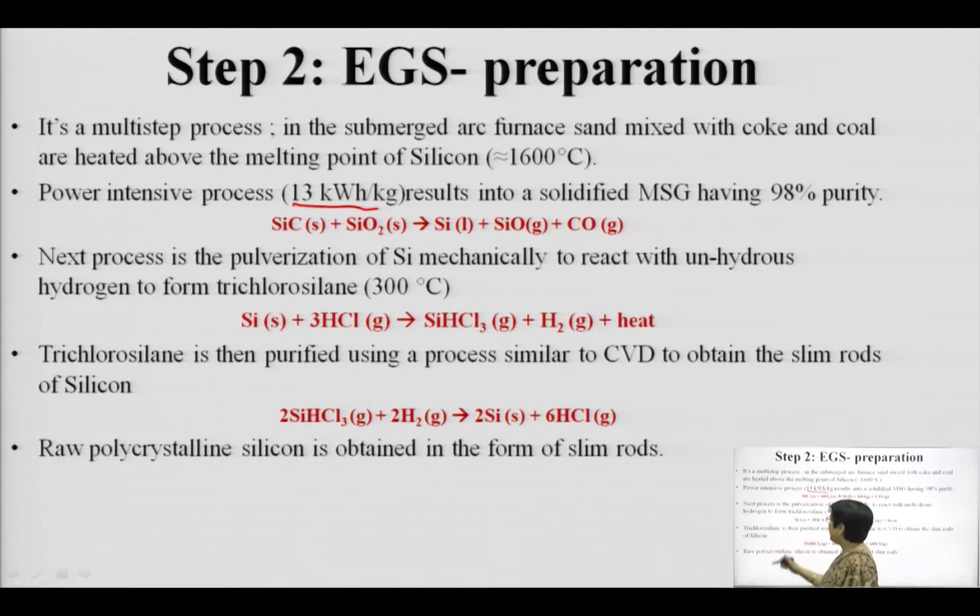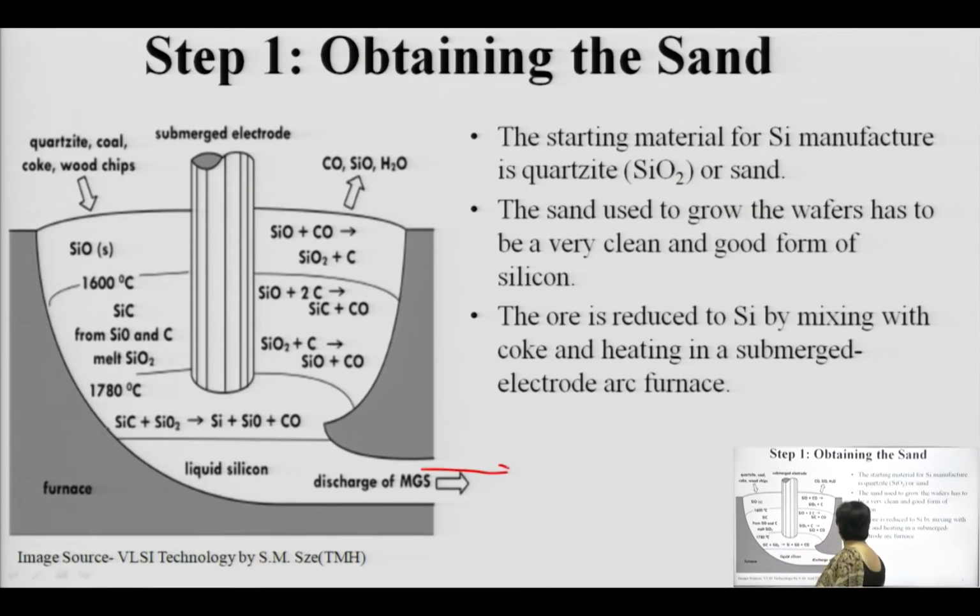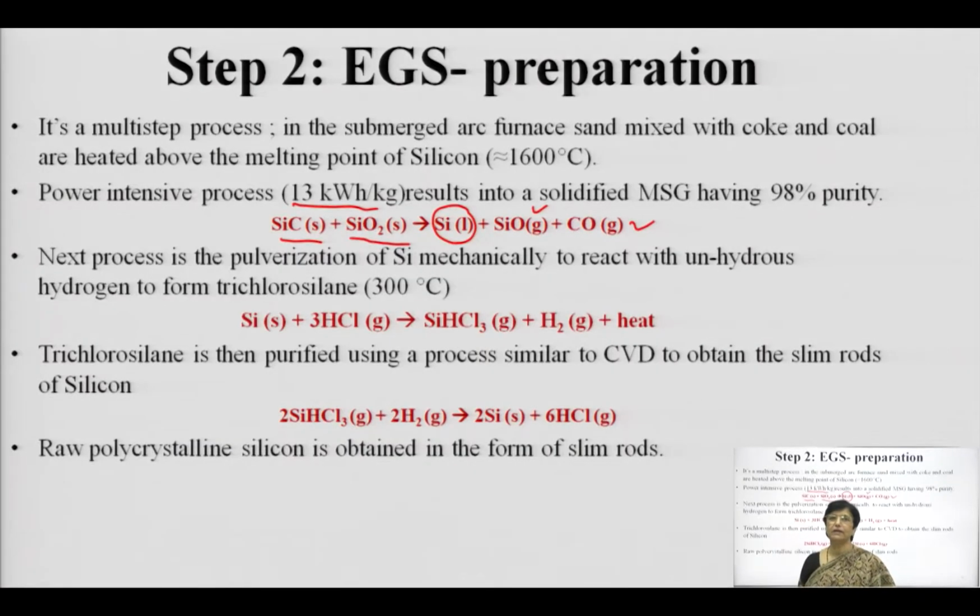The temperature of that submerged arc furnace is around 1600 degrees centigrade, and here the silicon dioxide combines with coke and coal, giving us silicon in liquid form, SiO in gaseous form, and carbon monoxide in gaseous form. So, here we have in liquid form this metal grade silicon. So, we are able to obtain metal grade silicon.